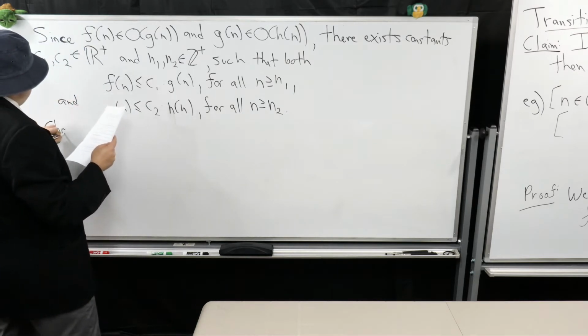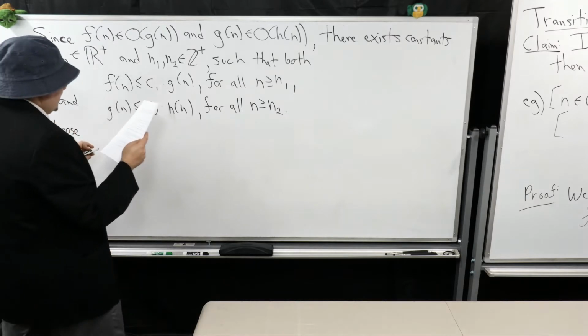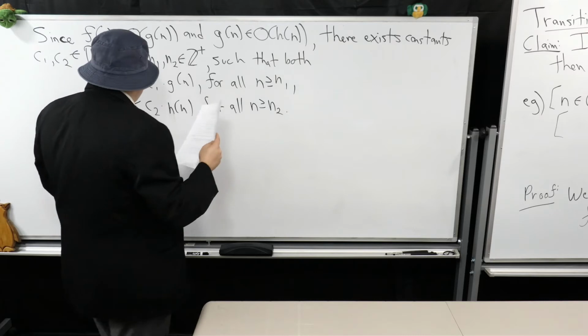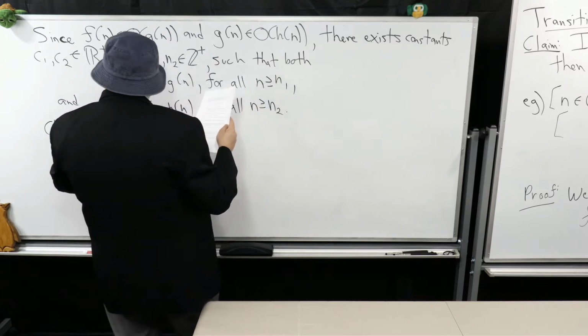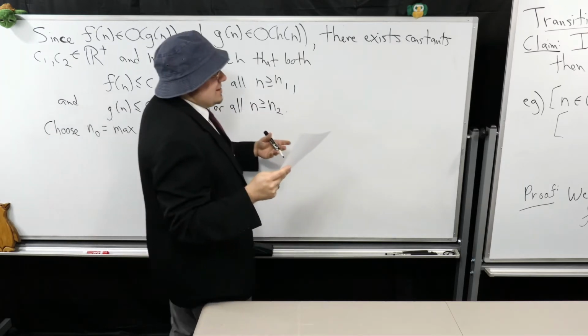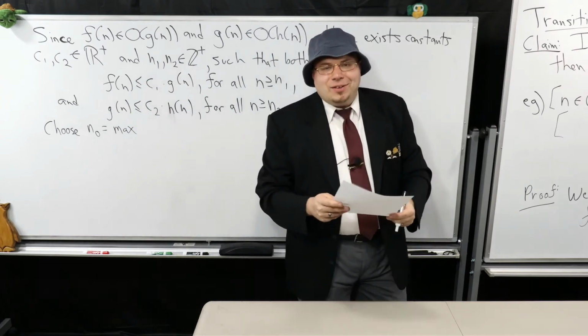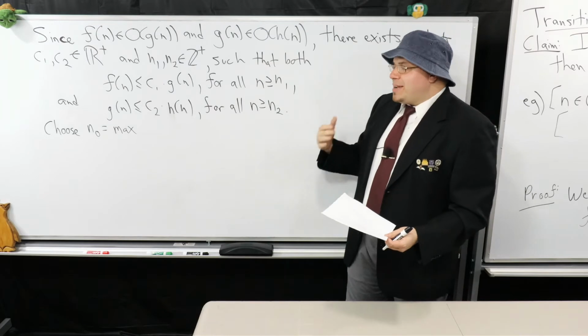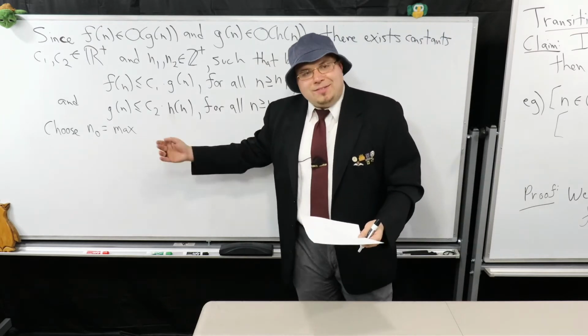So I'm going to choose. This is going to be one of the few times you're going to see me pick n0 first. This is pretty handy if you just realize this. It's a matter of finesse. You'll notice that there's a little bit of finesse to the way I write things down. For example, sometimes I maybe won't pick n0 right away.